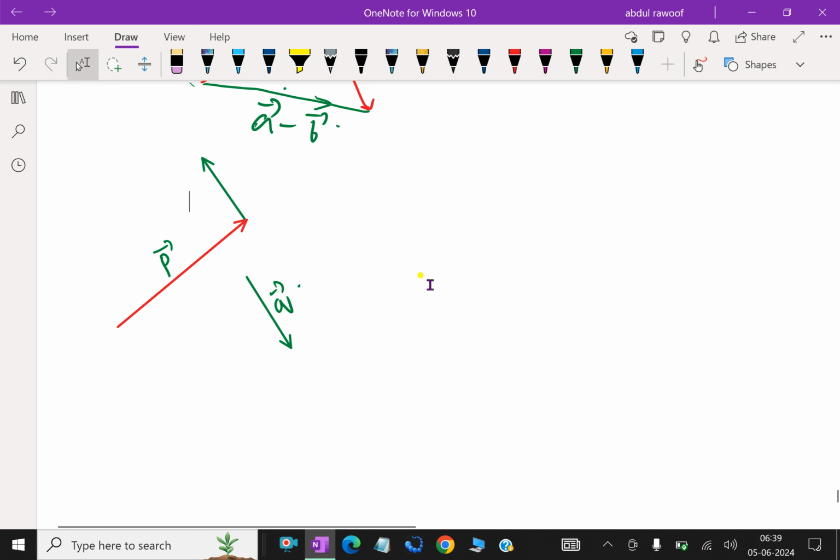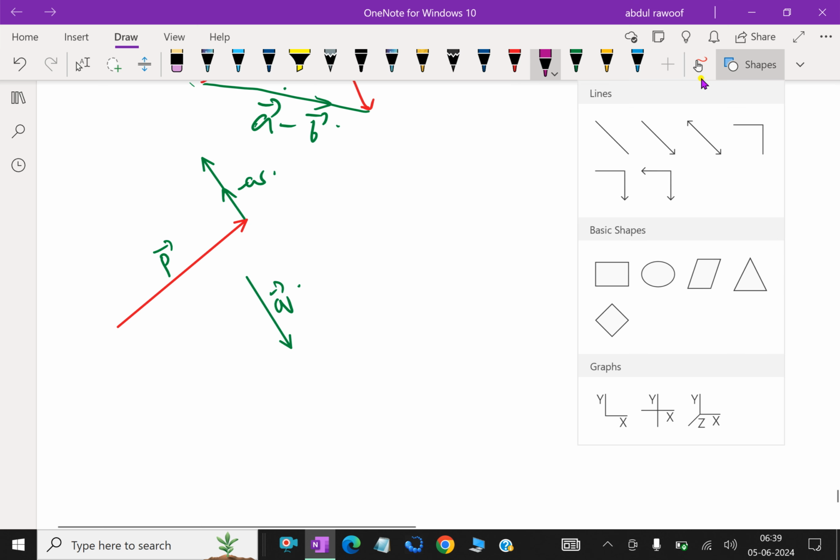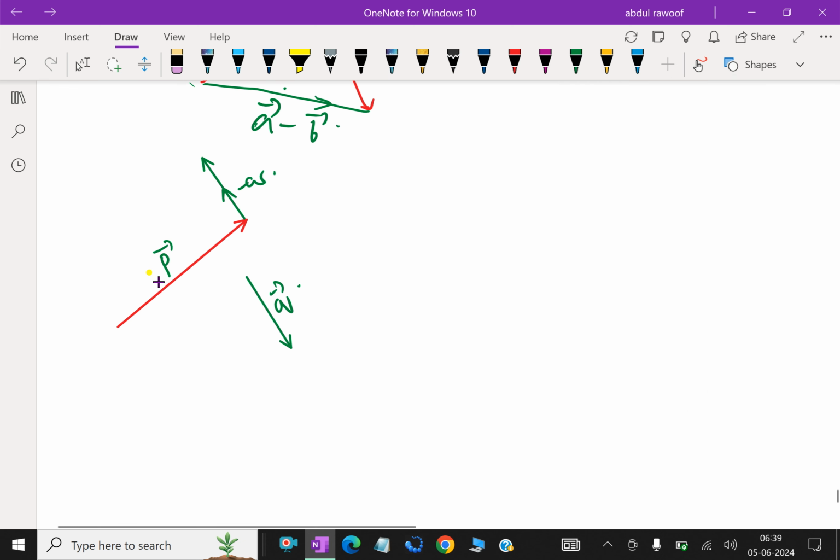This is positive Q. This is negative Q now. Then if you join this to this, it gives P minus Q. This is vector P minus Q.